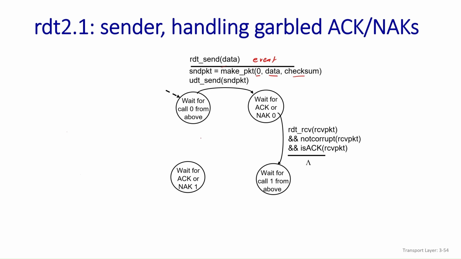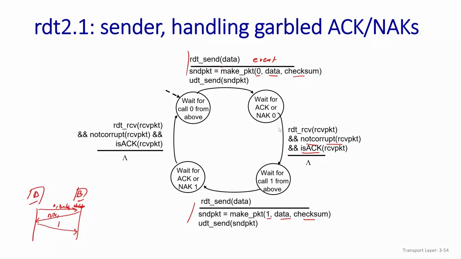Let's assume the sunny day scenario. While we were waiting in this state, this event takes place: the sender receives a packet. If machine A receives a packet that is not corrupt and is an acknowledgement, we make a transition, no action is stated, to the state wait for call zero from above.